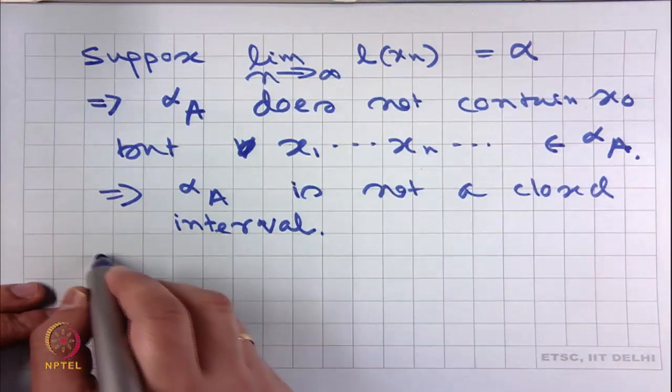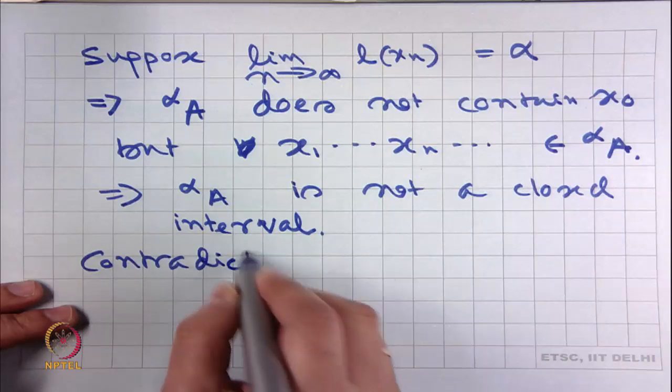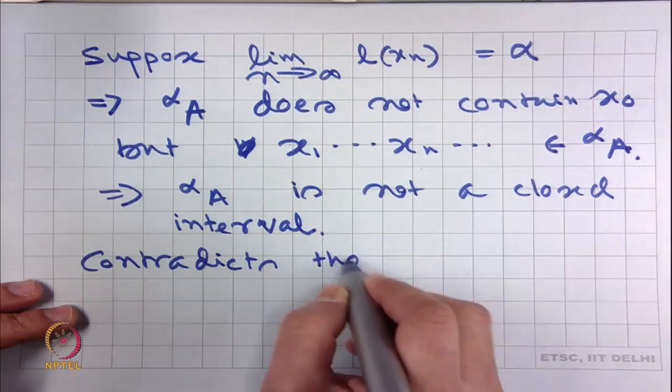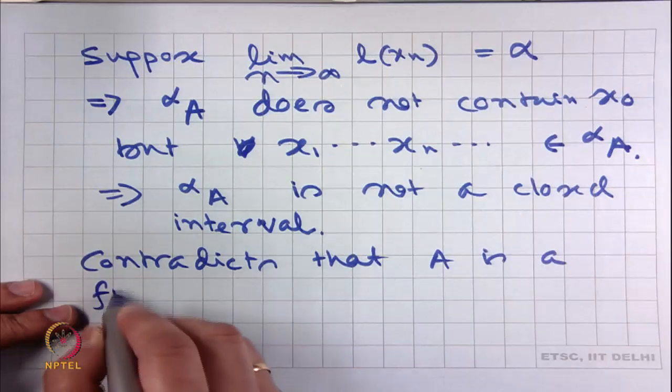Then it contradicts that A is a fuzzy number.